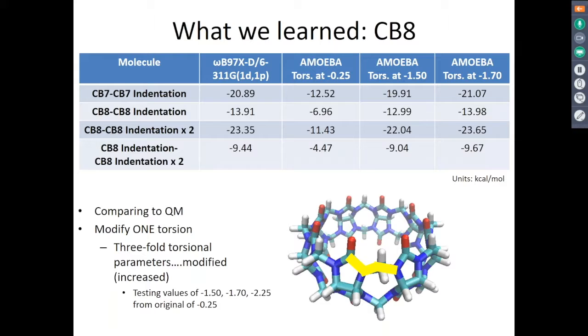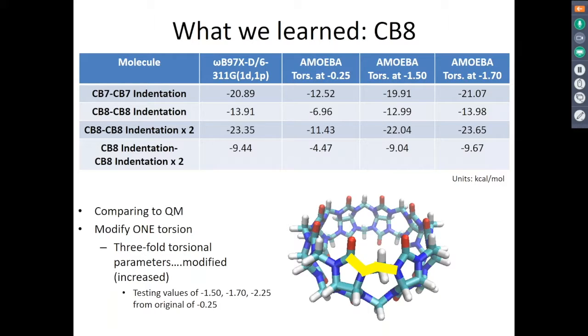For the results that we submitted for sample 6, we had our threefold torsional parameters describing this torsion here in the ring, which is of course repeated 8 times around, and we had that torsion value at negative 0.25. When we calculated the energetic differences, we saw a pretty big difference between what was predicted from quantum versus what we had.